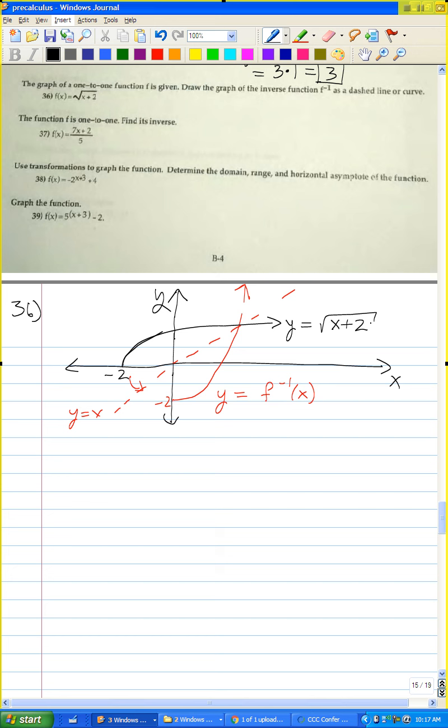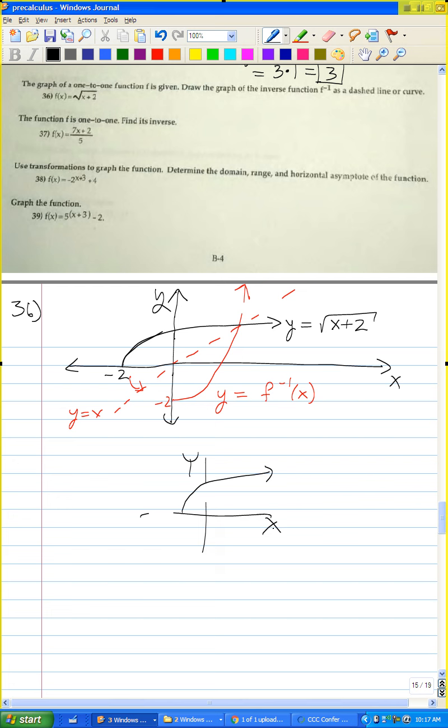Another way of doing this is if you have a piece of paper, draw the square root of x plus 2 and put x, y. And then when you turn it, you look at it through the back side. So put your paper up to the light and look through the back of it.